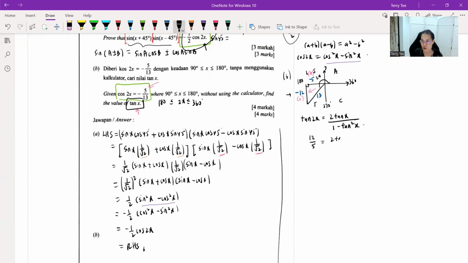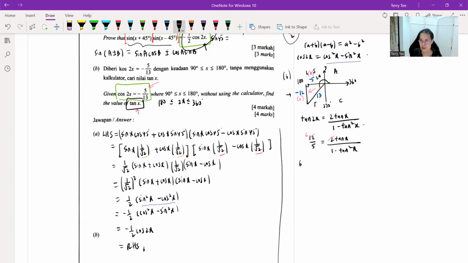Okay, our job is to solve for tangent x. What we can do is cross multiply here, 12 minus 12 tangent x. In fact, before you multiply, can we cancel this? 12, you can divide by 2, you get 6. So the number is smaller, and we don't need to divide by 2 later on.